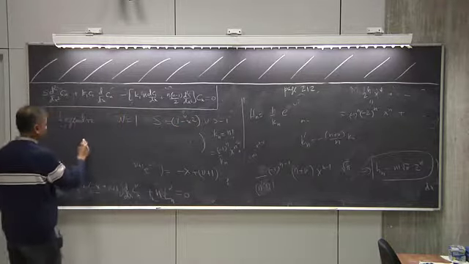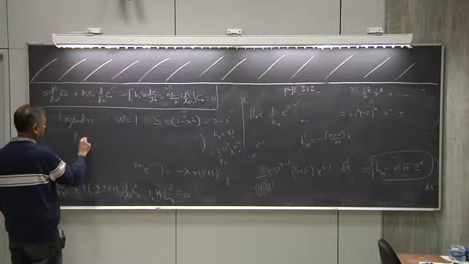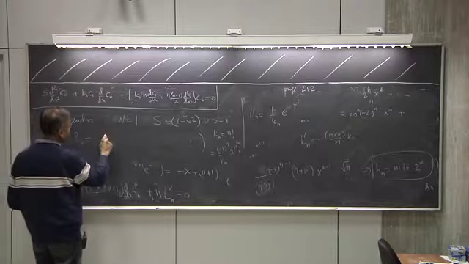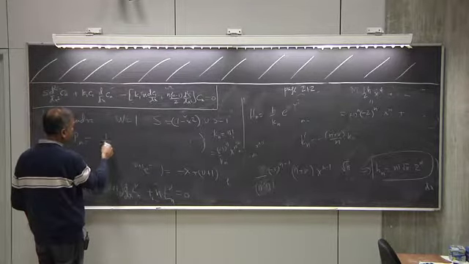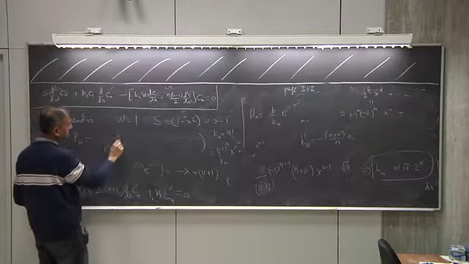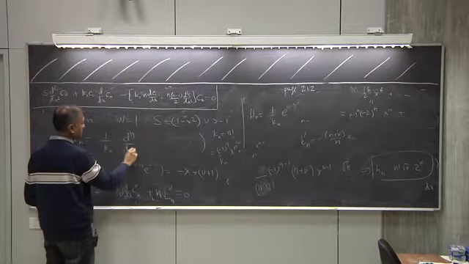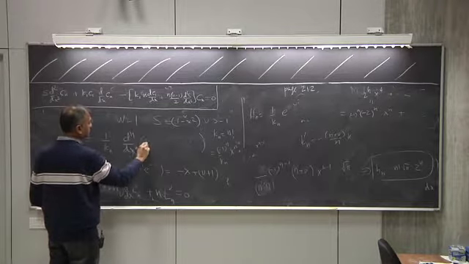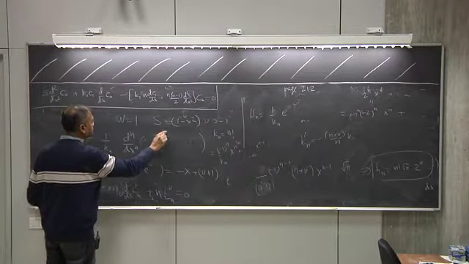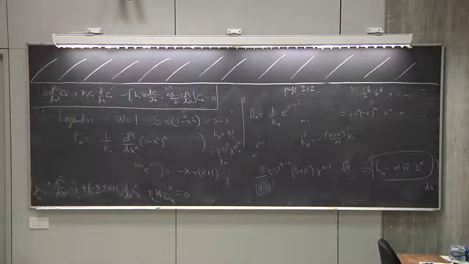So Pn is, up to this constant 1 over kn, which is not important for the differential equation, 1 over w, which is 1, and d^n by dx^n of s to the n, 1 minus x squared to the n. That's what Pn is, right?